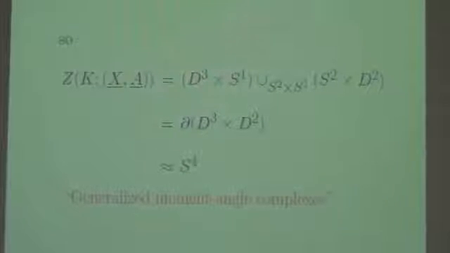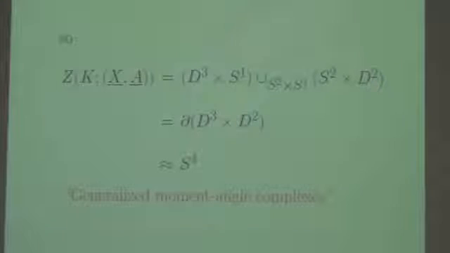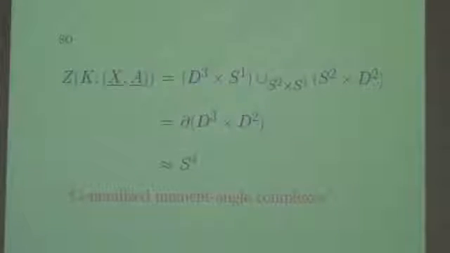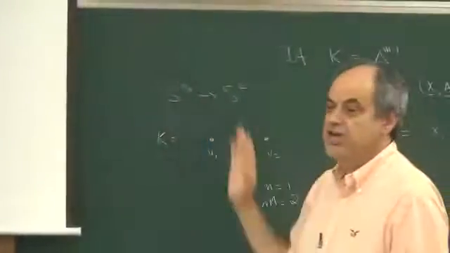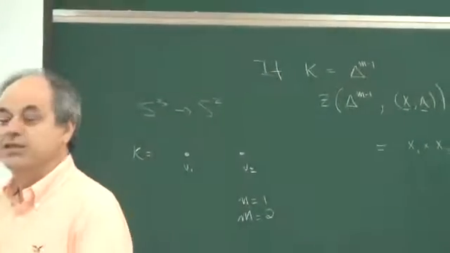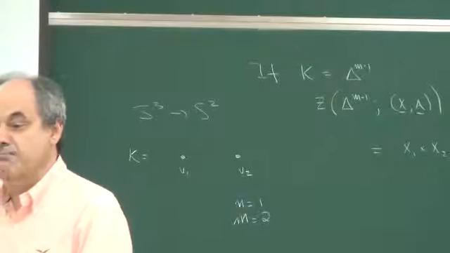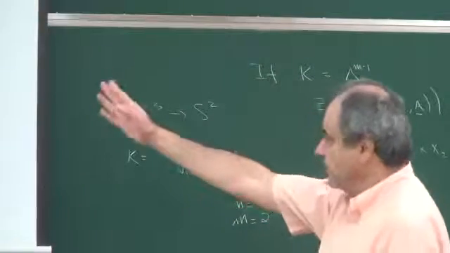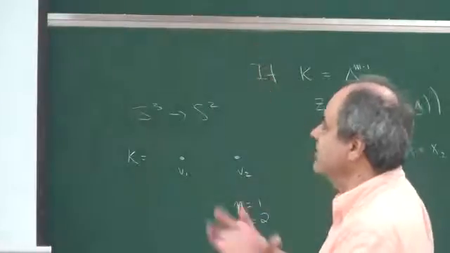And in fact, those of you familiar with the Hopf invariant, the Hopf map from S3 to S2, a very famous map in homotopy theory, it sees the 3-sphere as the boundary of D2 cross D2. It does not see it as the boundary of D4. So this point of view is very important in that context.